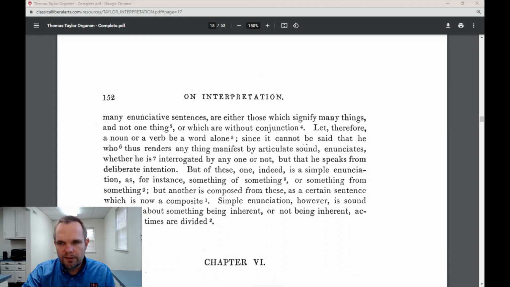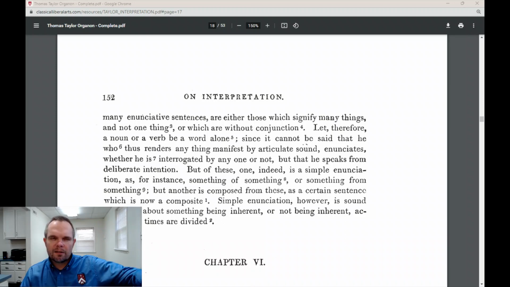Let therefore a noun or a verb be a word alone. So what he says here is, we've talked about nouns, we've talked about verbs, now we're talking about enunciative speech.